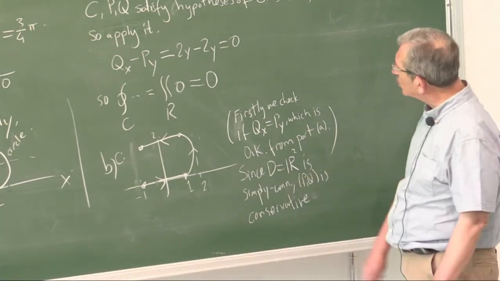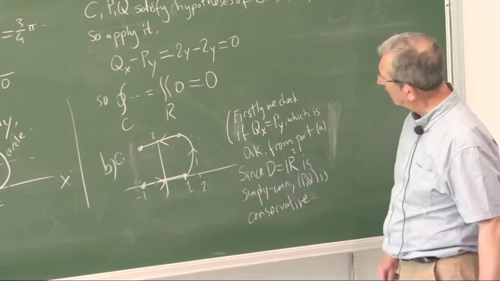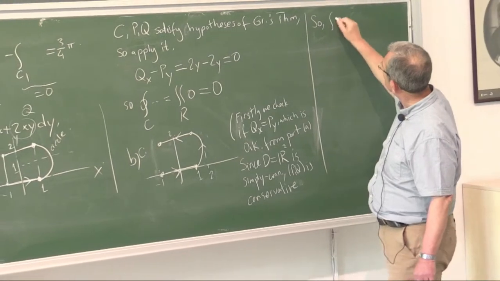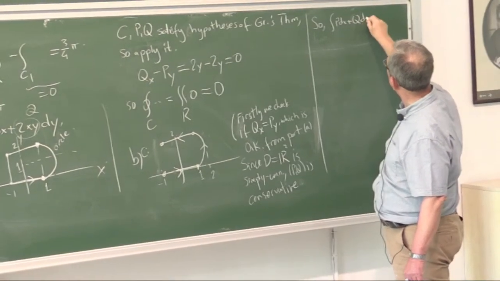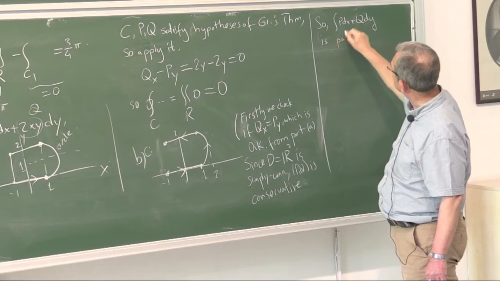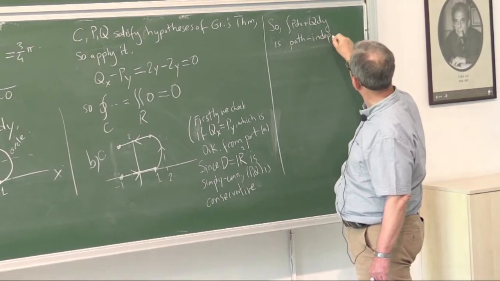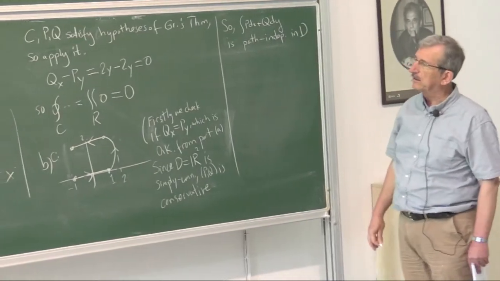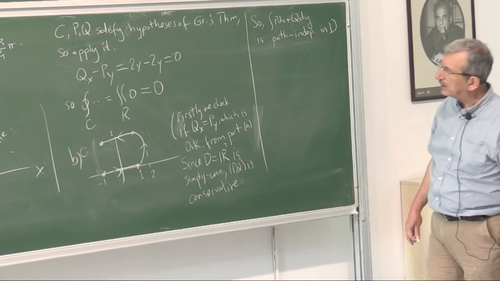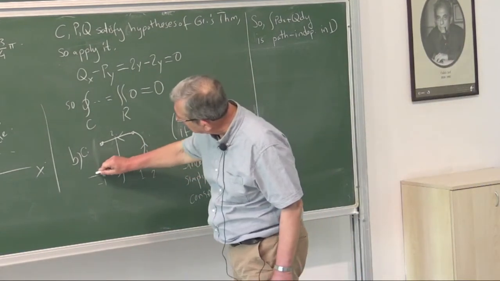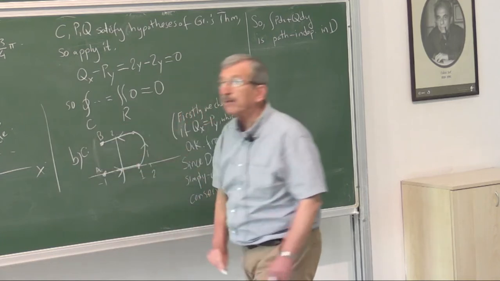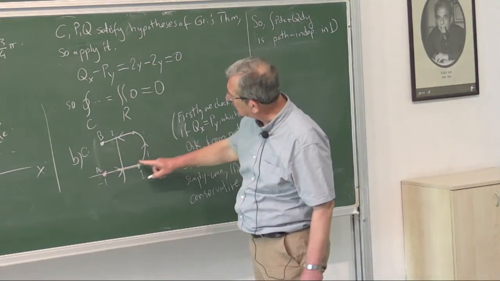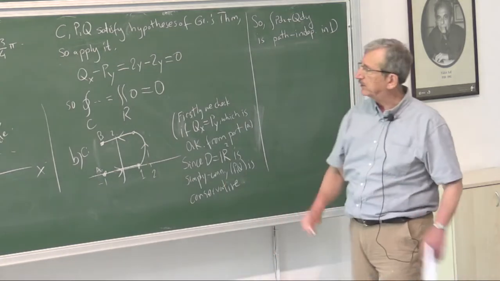Because we have a conservative function, it means that the integral P dx plus Q dy is path independent. So this is a path-independent integral, and we want to evaluate it from this point, call it A, to this point, which is B. Why should we calculate it over this difficult curve, which is in 3 pieces?